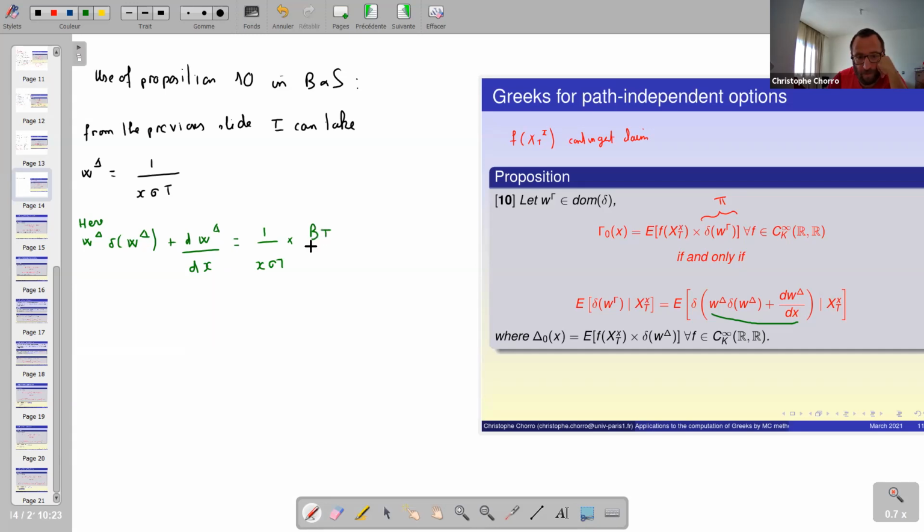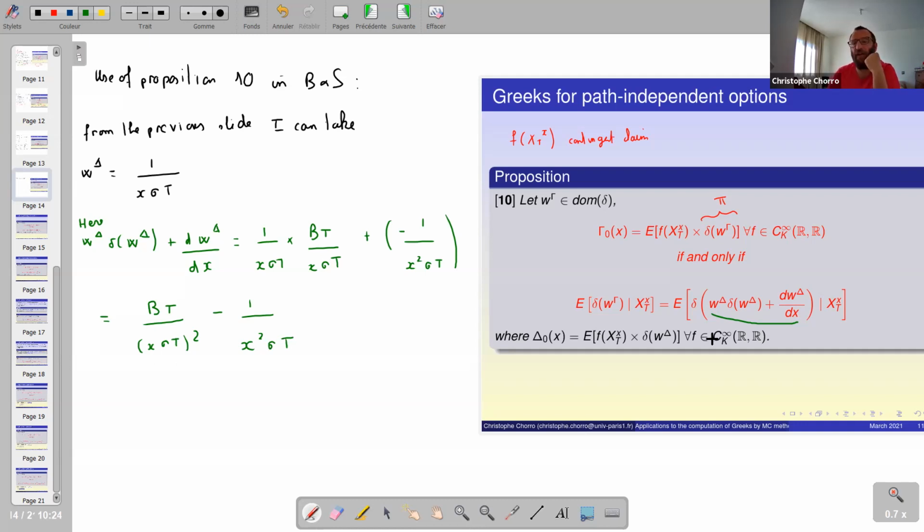So I obtain B capital T over x sigma t plus the derivative of this one with respect to x, that is minus 1 over x squared sigma t. So I can write it this way: B capital T over x sigma capital T squared minus 1 over x squared sigma t.